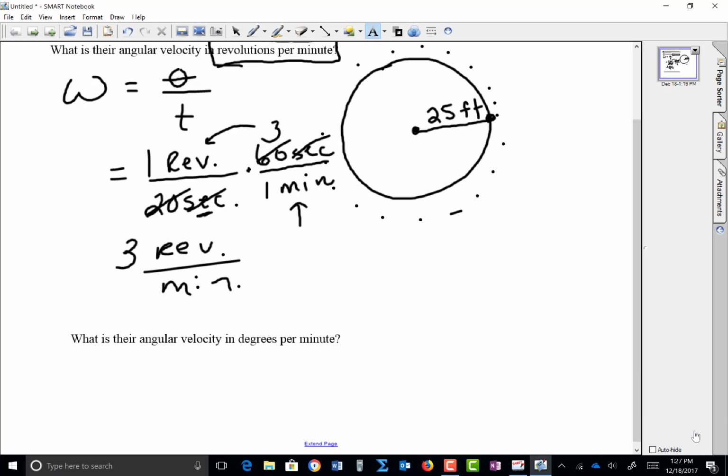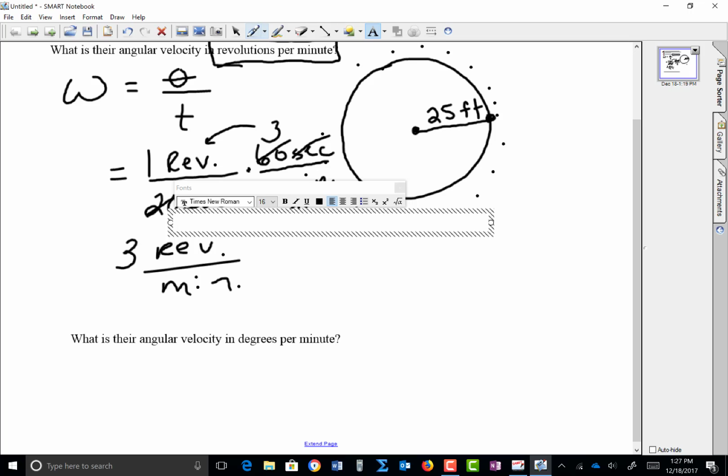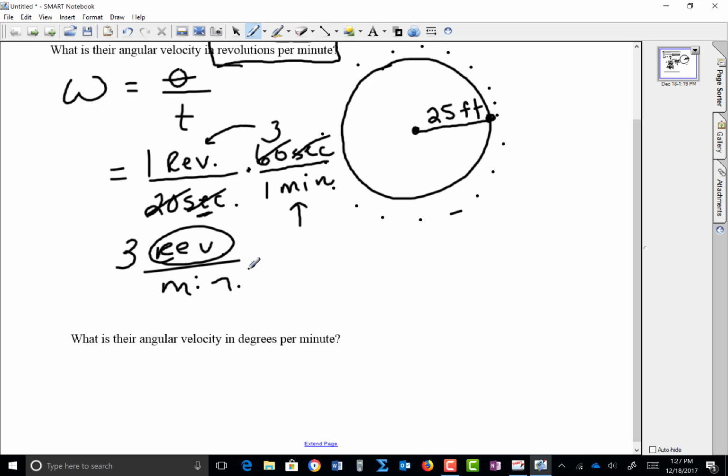The second question says, what is their angular velocity in degrees per minute? So we have our answer in revolutions per minute. We need to think about that for just a minute. 1 revolution going around that circle, you think about how many degrees that would be.